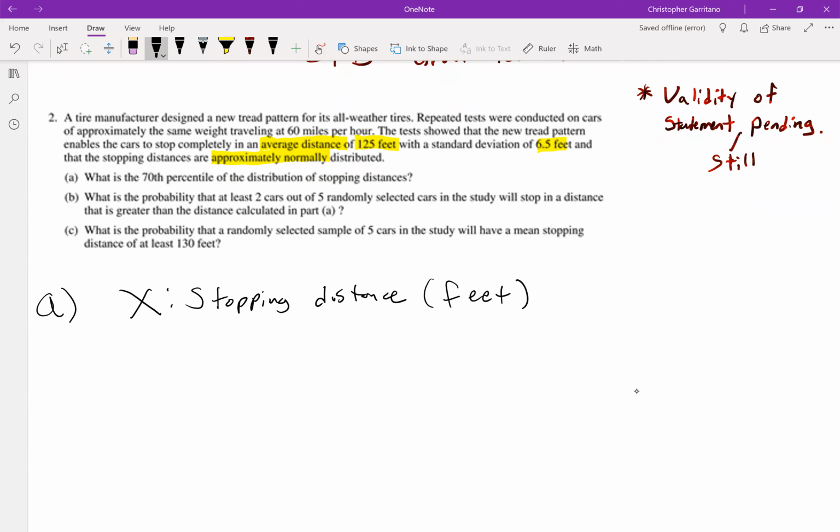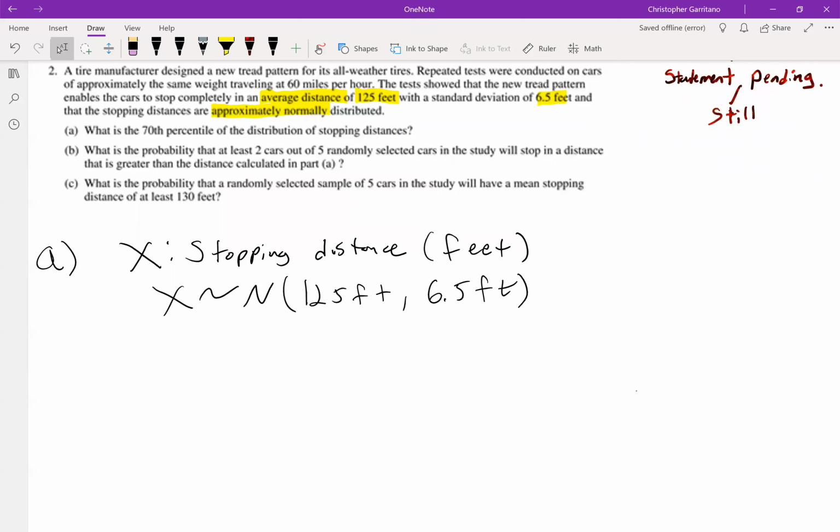We're told that these stopping distances are distributed normally with a mean of 125 feet and a standard deviation of 6.5 feet. And by the way, I want to backtrack. The stopping distances are for cars with this particular tread of tire. But I think if you just define X to be stopping distance, you'll be okay.